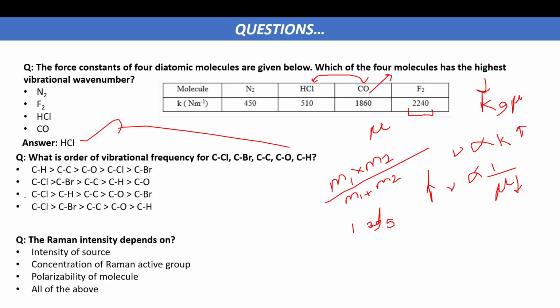Moving to next, what is the order of vibrational frequency for C-Cl, C-Br, C-C, C-O and C-H? So what will be the answer to this? See, just now we discussed the reduced mass should be lower.